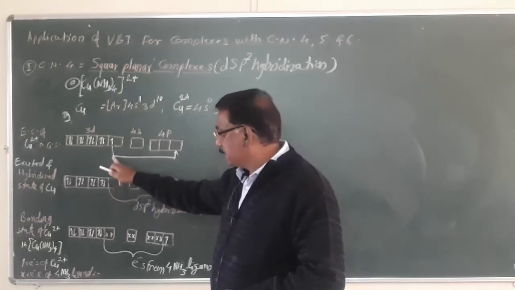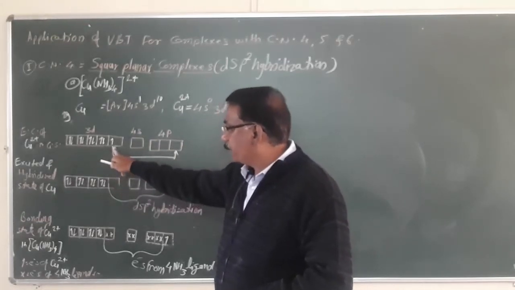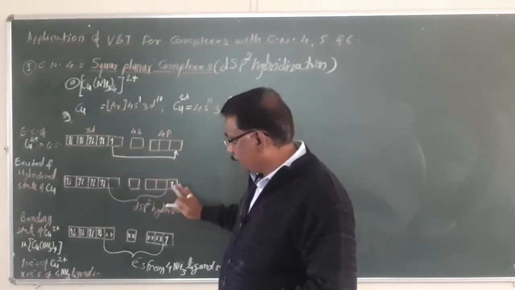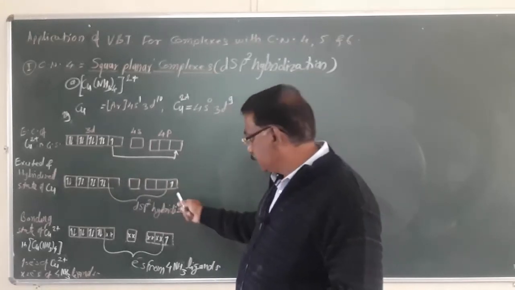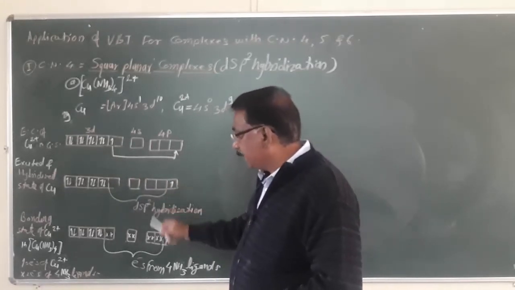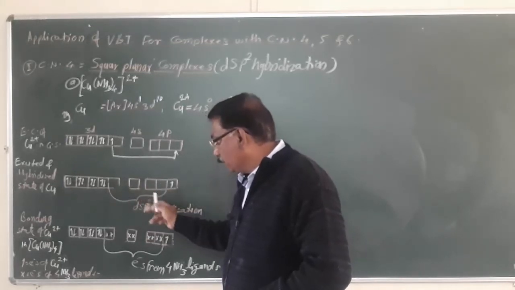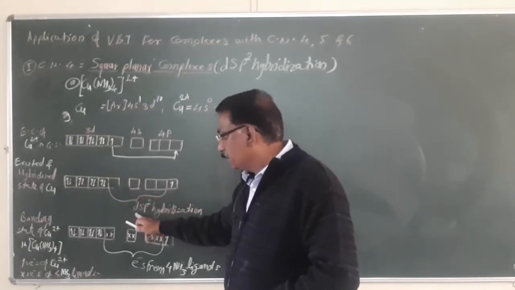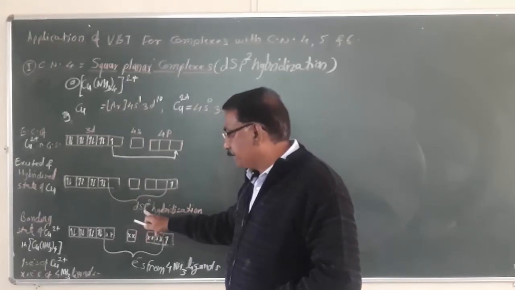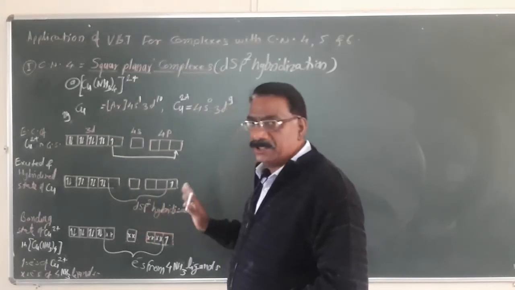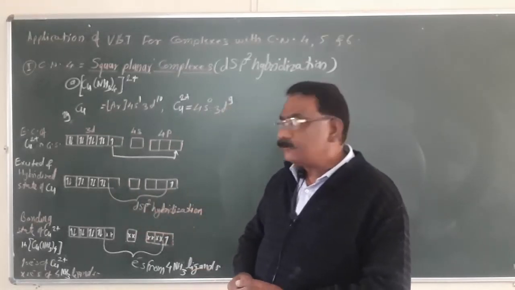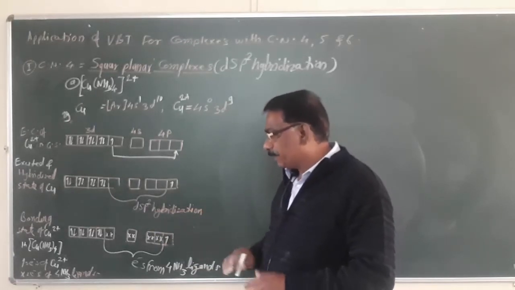So in the excited state, one of the electrons is promoted from 3d into 4p, and we have in this picture one electron into this, and then this d orbital, s orbital, and these two p orbitals undergo hybridization, showing dsp2 hybridization. Then it shows the bonding.